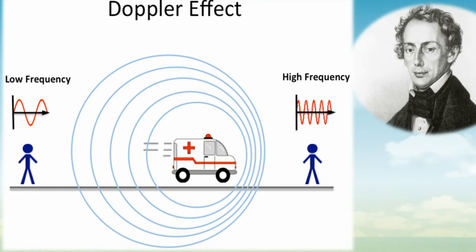That means the frequency heard by him gradually increases as the train approaches him, and the frequency he hears gradually decreases as the train goes away from him. So this is what we always give as an example.